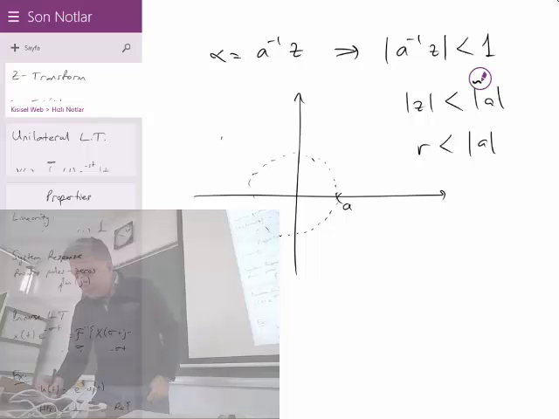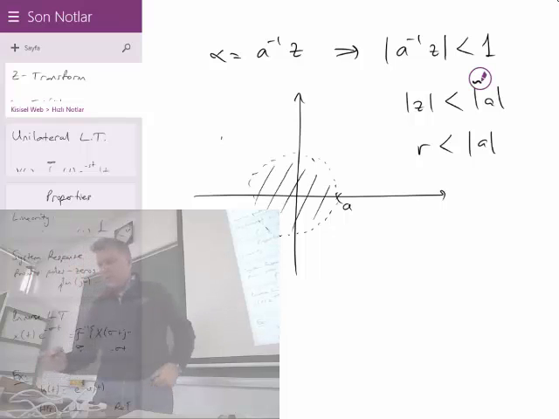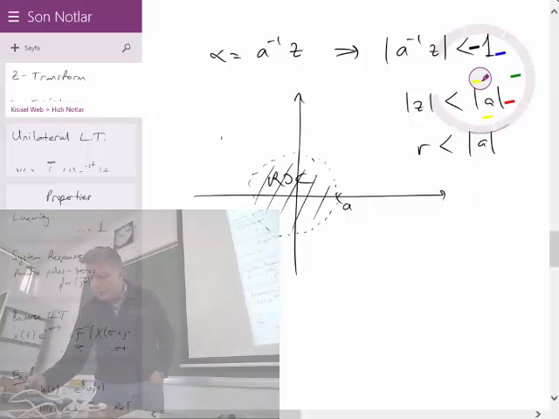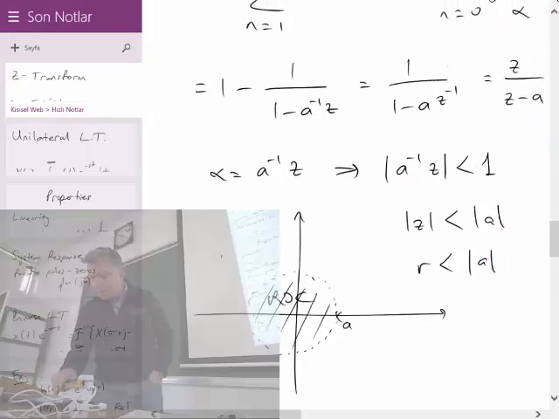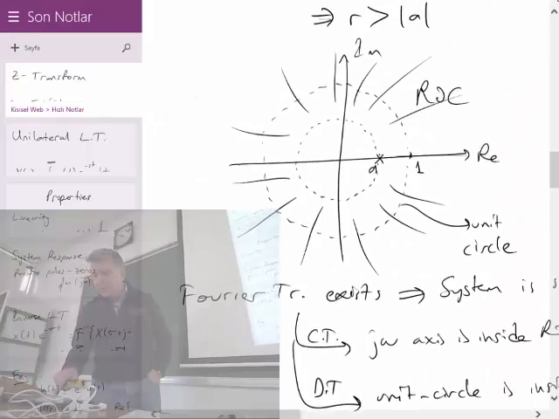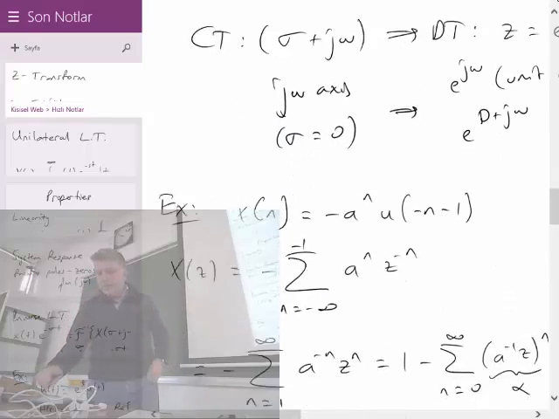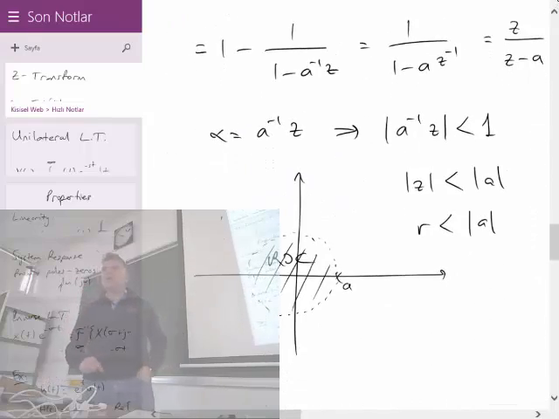And then we draw the region of convergence, which is R less than that, inside the circle. This is the region of convergence. When you compare it with the previous one, it was out of the circle. Now it's into the circle.